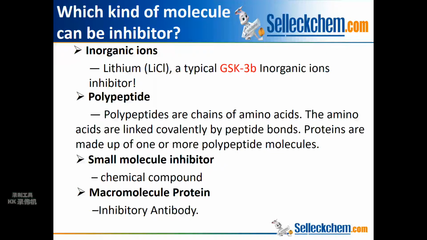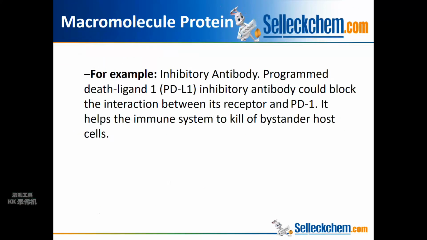Let's talk about inhibitory antibody, which is a kind of macromolecule protein. For example, the inhibitory antibody of programmed cell death protein 1 could block the interaction between PD-1 with its ligand PD-L1. It could activate the immune system to attack tumors.